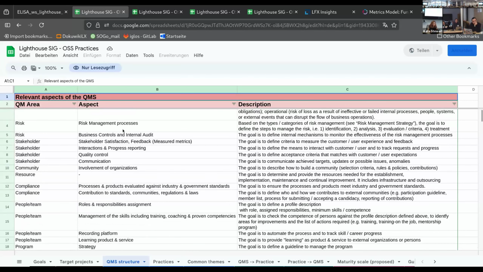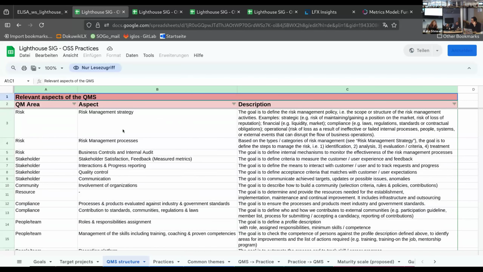And this is based on QMS. So we have risk management, but also stakeholders, which might be something different in an open source project than in proprietary software, but for sure there may be stakeholders, how resources can be managed, if there are appropriate researchers, then compliance.